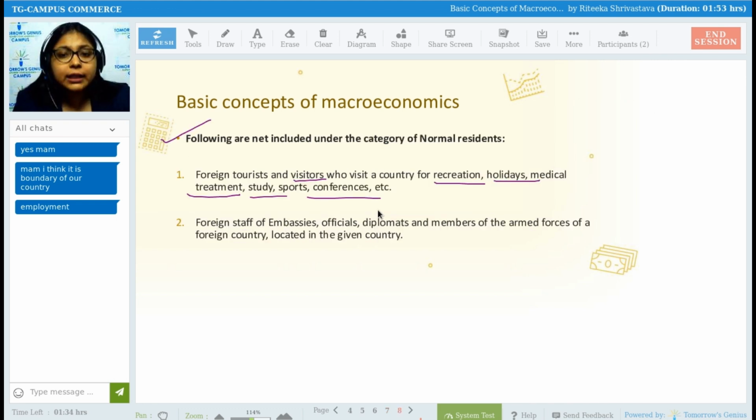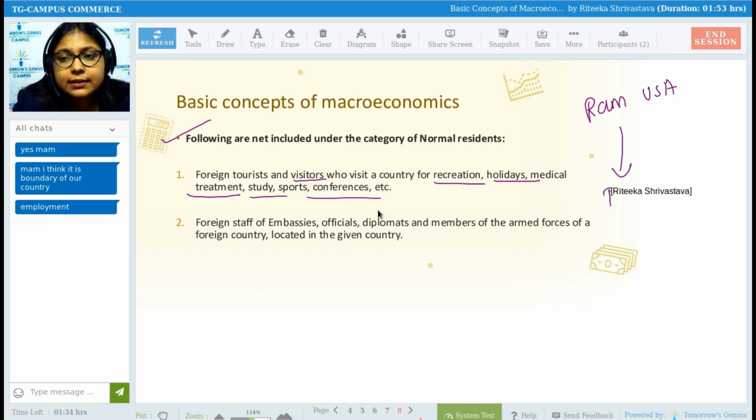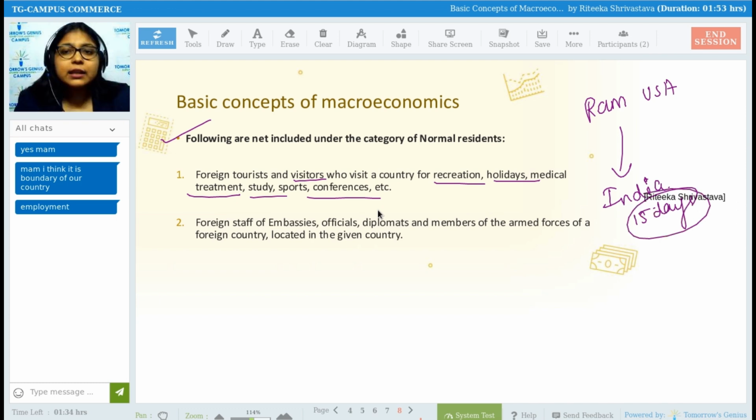Otherwise, if we talk about economic activity, suppose there is one person called Ram. He lives in USA. He is coming to India for a visit for 15 days. So you will say now for 15 days he is going to stay in India. He is going to spend money. He is going to do all his expenses. So now he is a normal resident of the country.